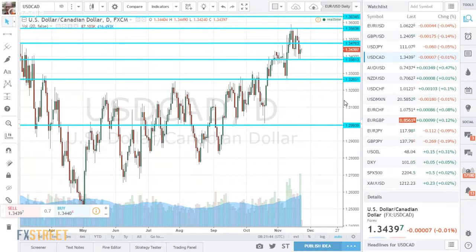Anyway, regarding technical lines, it's 133.80 to the downside, followed by 132.65 and much lower 130. To the top side, 134.80, 135.60, and 136.35. Okay, currently looking for a new direction, but the trend is higher. The Canadian dollar is weakening.